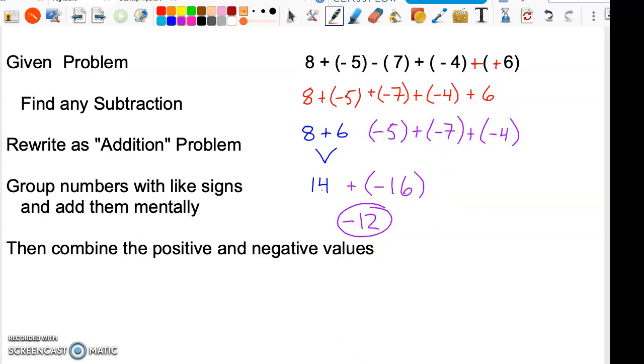So negative 16 plus 14, that's actually not negative 12, it's negative 2. So I just checked my work, and this is negative 2. I caught my own mistake by checking my work and adding and subtracting from left to right. Negative 2 was the answer.